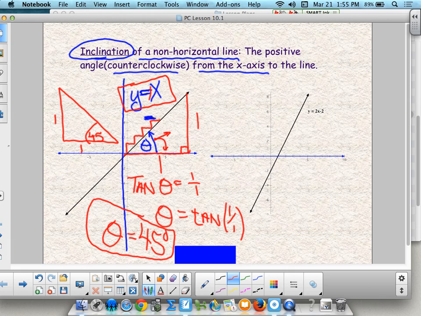The next one, you're looking at another line, and we want the angle of inclination. Again, it is this angle from the x-axis to the line. That's the angle we're looking for. The equation, I don't know if you can see it, is y equals 2x minus 2. So once again, I'm going to make a right triangle from there to there.